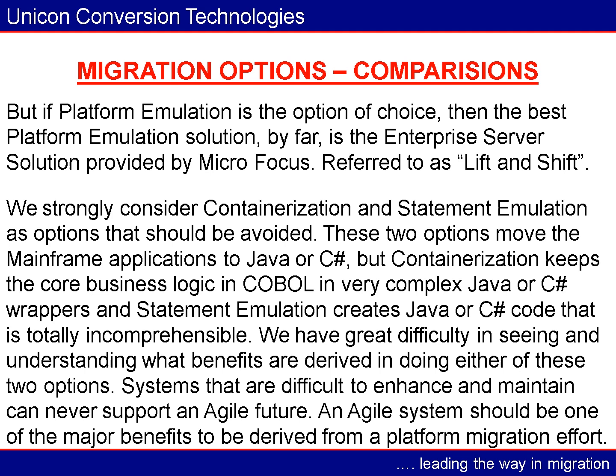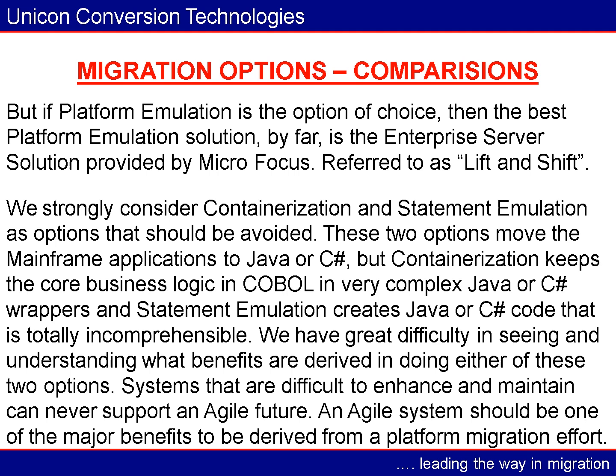We strongly consider containerization and statement emulation as options that should be avoided. These two options move the mainframe applications to Java or C#, but containerization keeps the core business logic in Cobol in very complex Java or C# wrappers. And statement emulation creates Java or C# code that is totally incomprehensible.